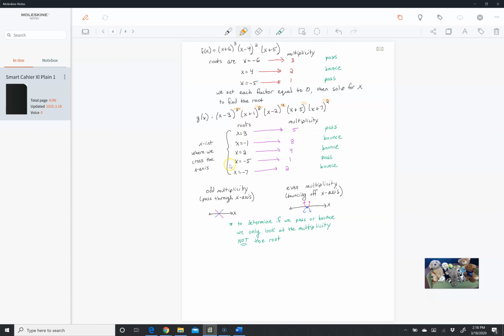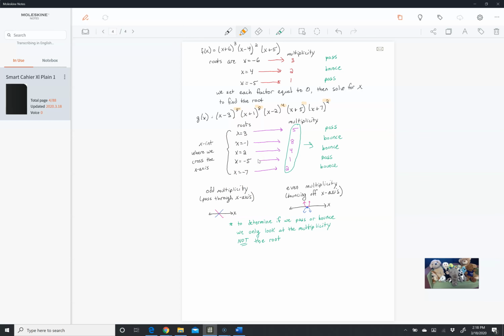So if you look up here, you can see that x equals -7. It doesn't matter that 7 is odd. What we care about is the 2. We care about the multiplicities. The multiplicities are telling us whether we bounce or pass. Only those numbers, okay? These roots are completely independent of that.